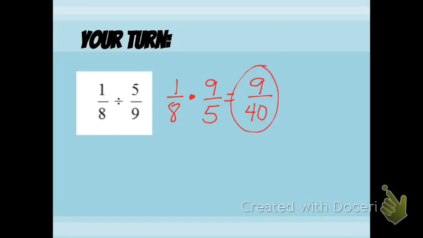Did you get my answer? Yes. Very good. There was no simplifying because if we made the cake for 9 and 40, the only thing that goes into 9 is 3, and that won't go into 40.